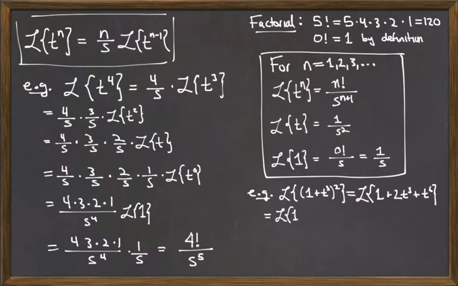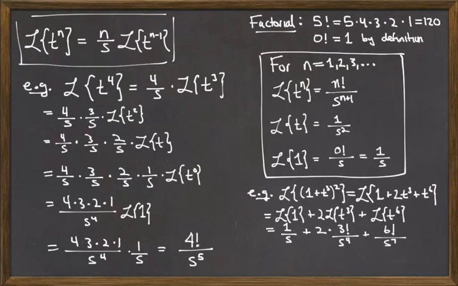And then we'll have Laplace of 1 plus 2 times the Laplace of t cubed plus Laplace of t to the 6th. And now we can start applying our formulas. Laplace of 1 is 1 over s. Laplace of t cubed, well, I'll have a 2, and there will be 3 factorial over s to the 1 higher power, s to the 4th.